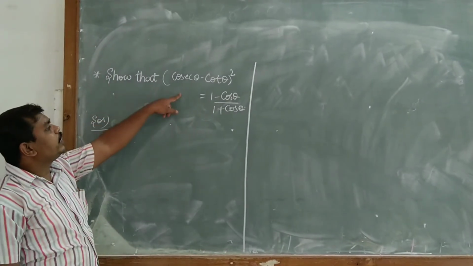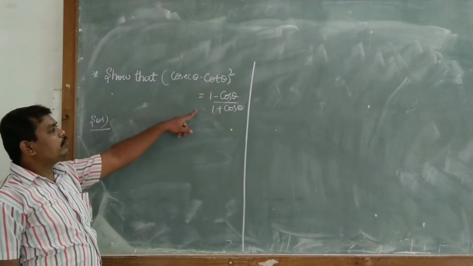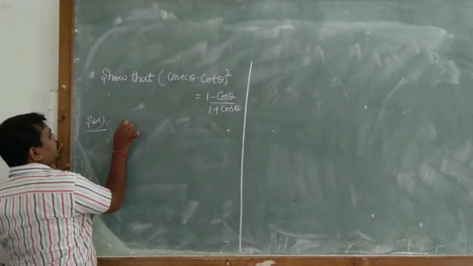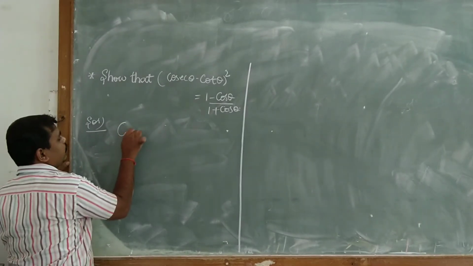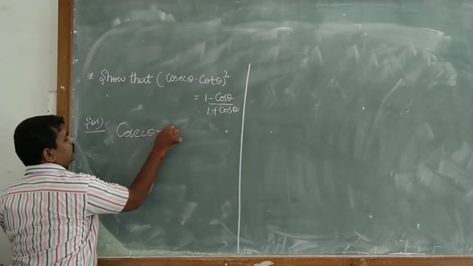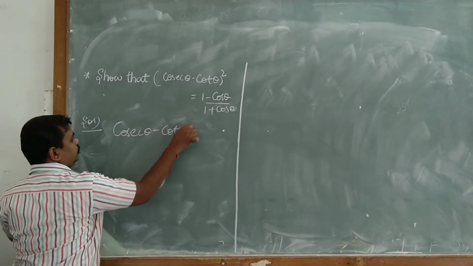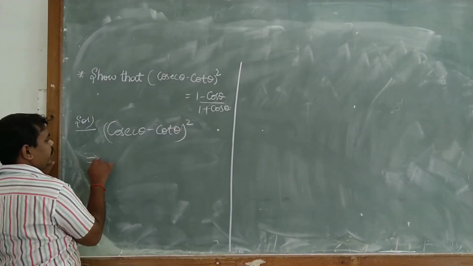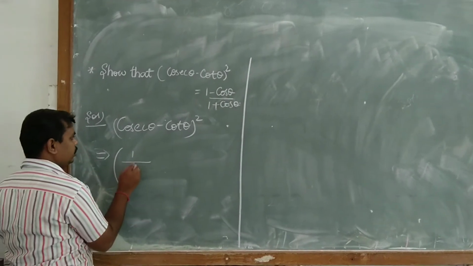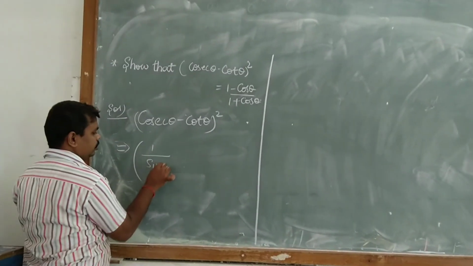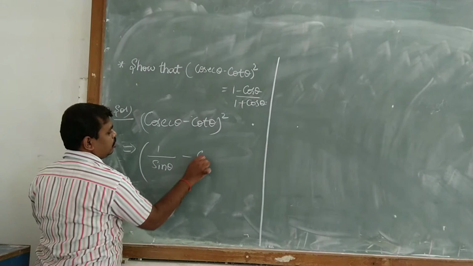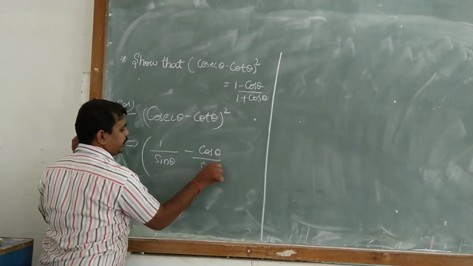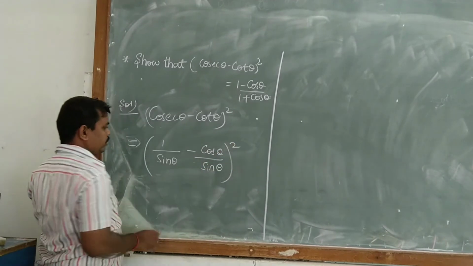So that cosecant theta minus cot theta whole square is equal to 1 minus cos theta by 1 plus cos theta. Here we are going to consider LHS, cosecant theta minus cot theta whole square. So this cosecant theta can be written as 1 by sin theta, minus cot theta can be written as cos theta by sin theta, whole square.